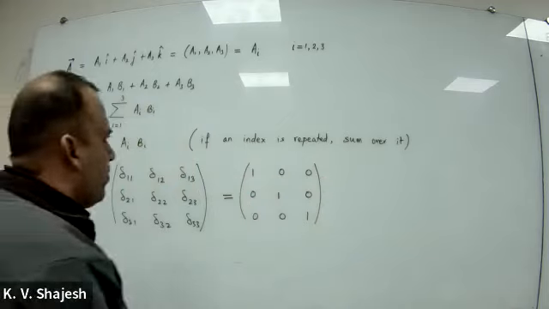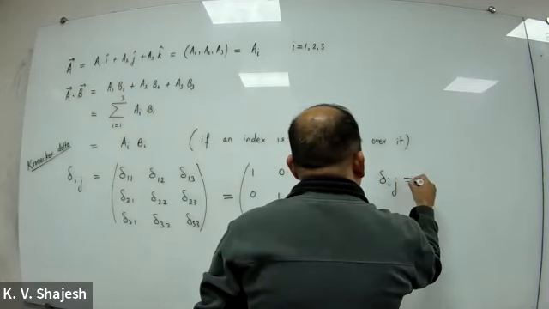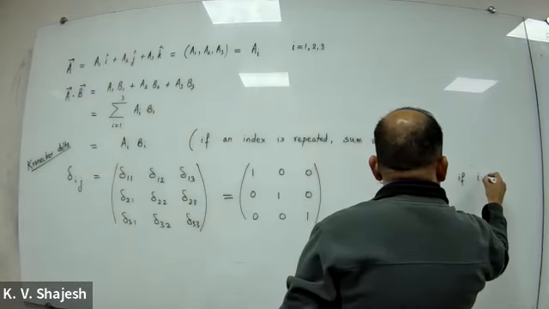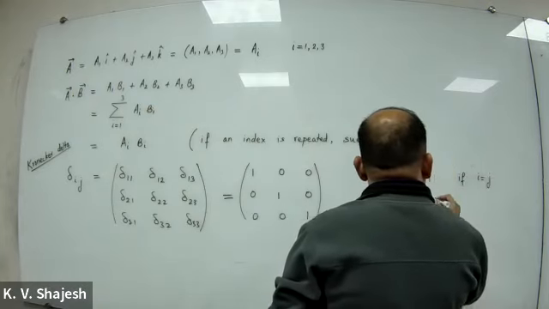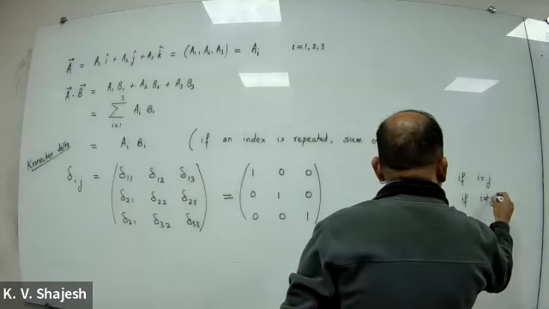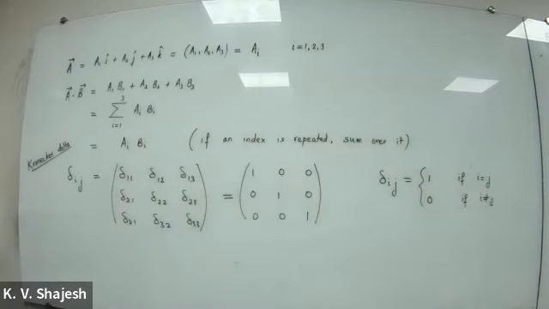And often we will say delta ij is equal to 1 if i is equal to j, and equal to 0 if i is not equal to j. Each of these is a way of defining the Kronecker delta.